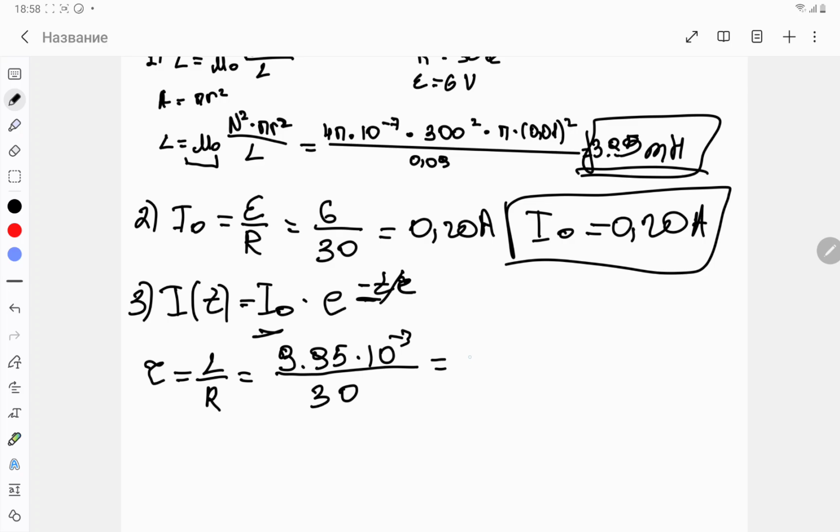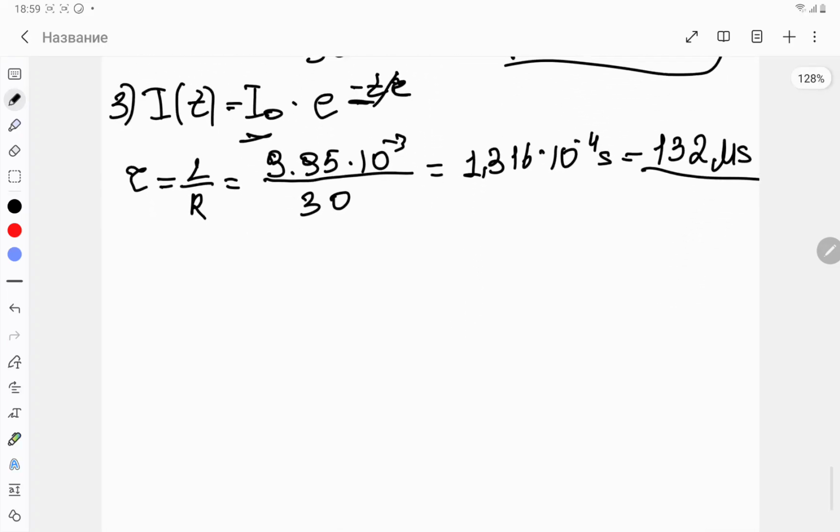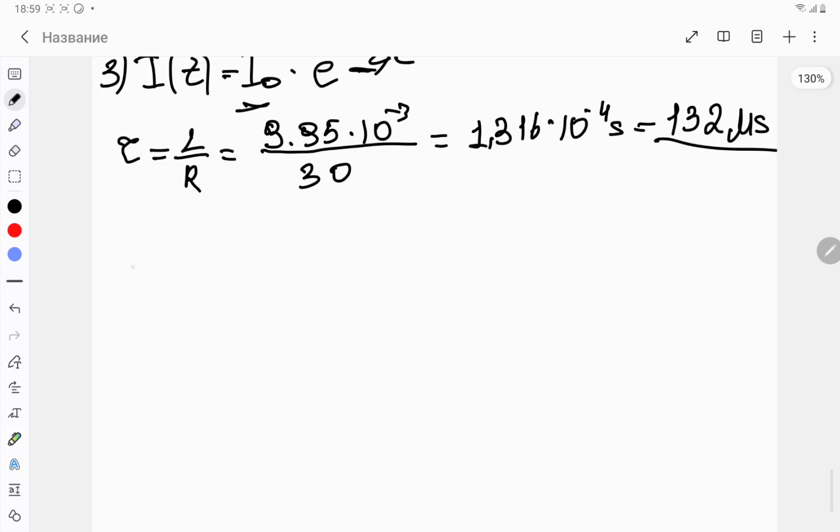So the answer is times 10 to the minus 4 seconds, which is equal to 132 microseconds. So the time constant is like this. We know this, and just write the formula and use it in our formula.